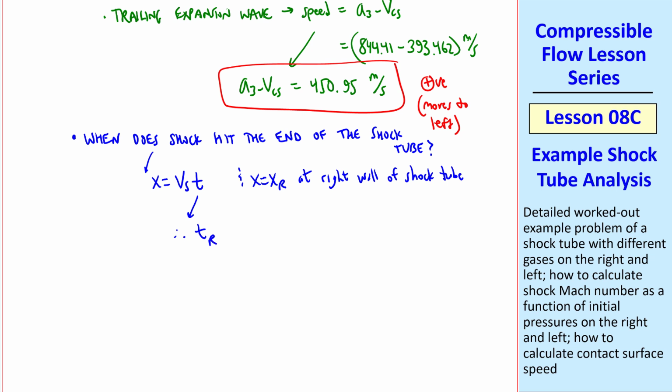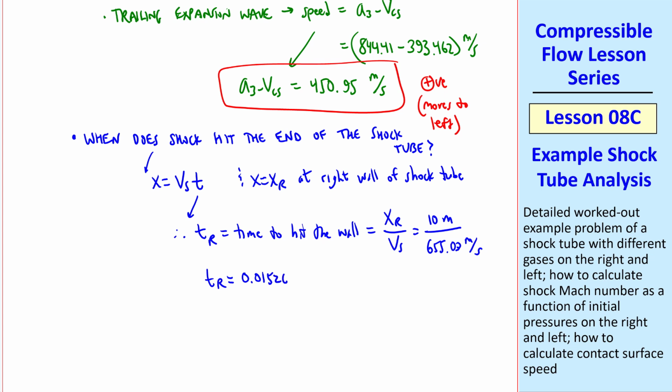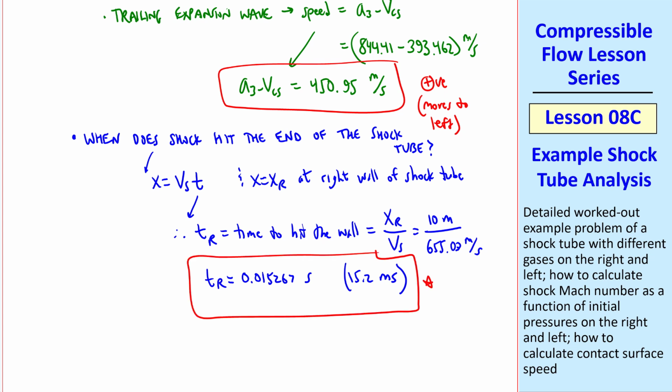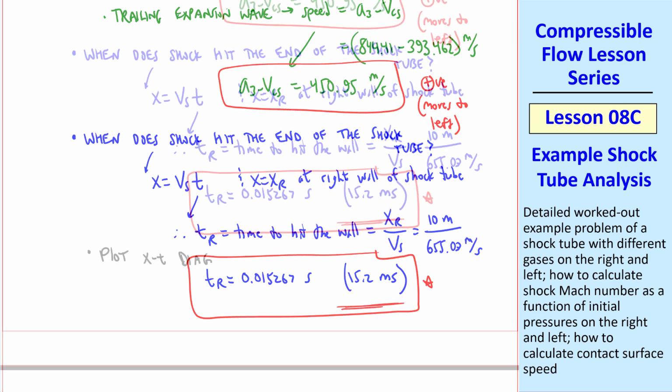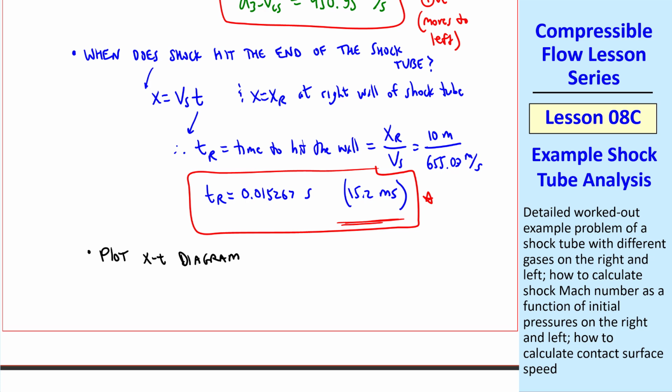So tR is the time for the shock to hit the wall, which will be XR over Vs, or 10 meters over 655.03 meters per second. tR turns out to be 0.015267 seconds, or 15.2 milliseconds. This whole experiment, up to the point where the shock hits the end of the shock tube, lasts only about 15 milliseconds. Finally, we plot the x-t diagram.